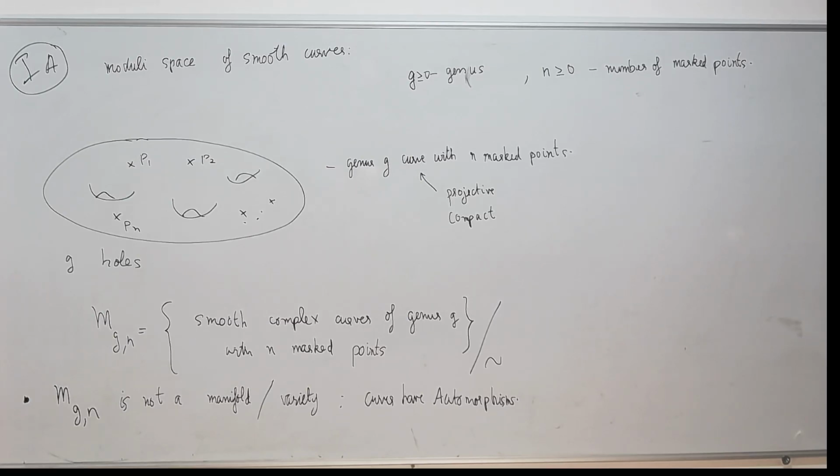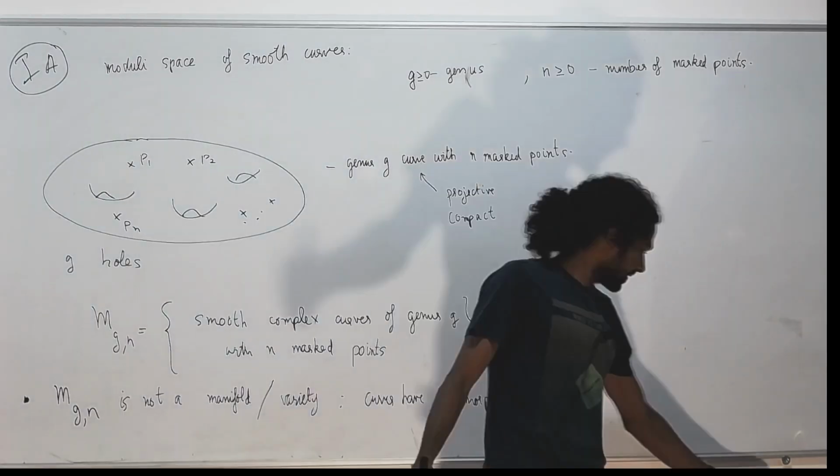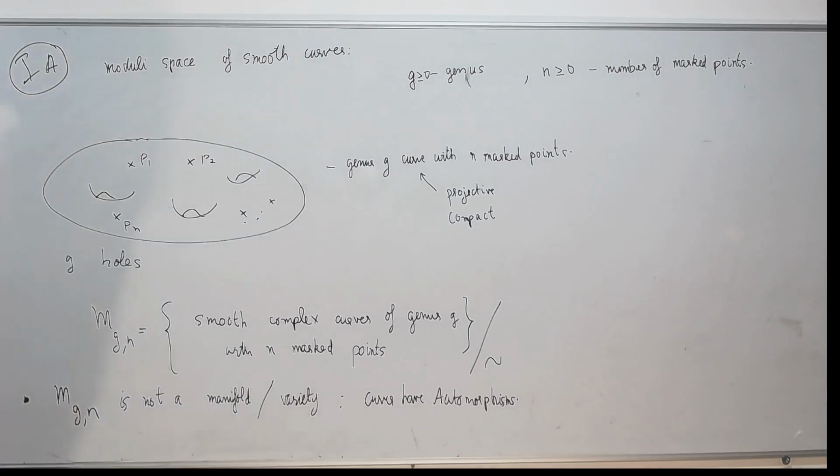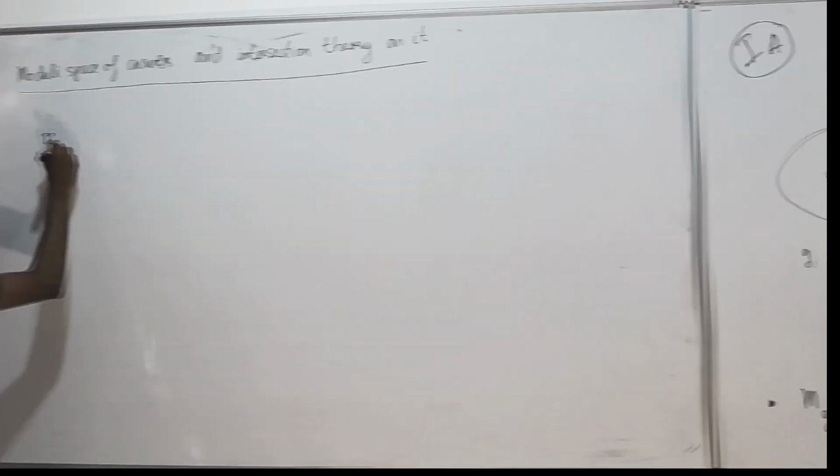So what do I mean that curves have automorphisms? Here's an example of a curve.